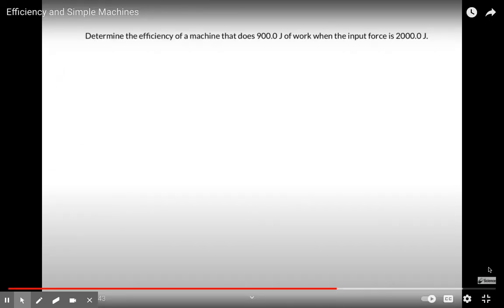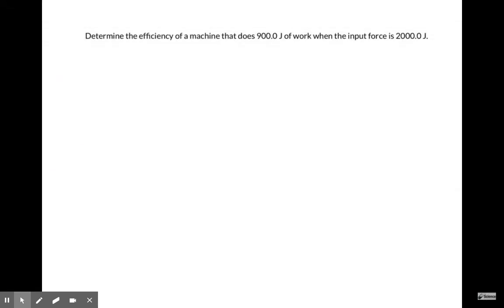Here's a question that asks us to determine the efficiency of a machine that does 900 joules of work when the input force is 2,000. And so this number right here, that 900 joules, would be the output work. And so we can write down our equation and then plug in these numbers.